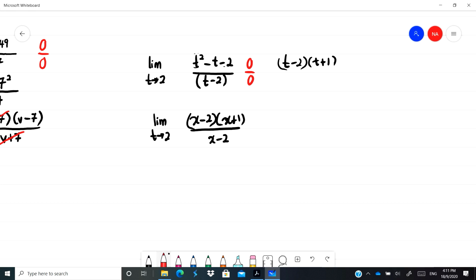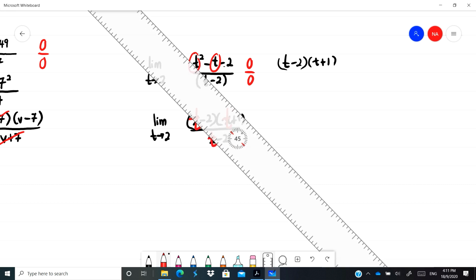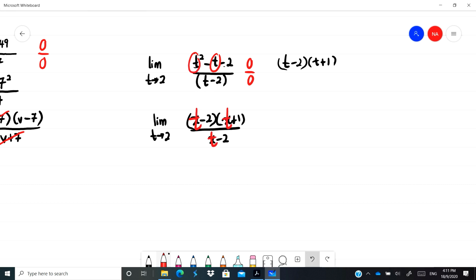If the question gives you the variable t, please use t here, right? So use t here. That is the common mistake that students make, all right? Because if you have t approaching 2, but it is x there, how are you going to substitute the value of t with 2 at the value of x?